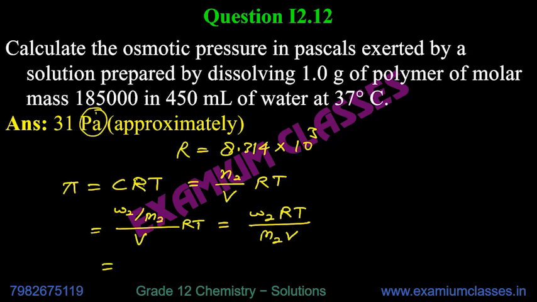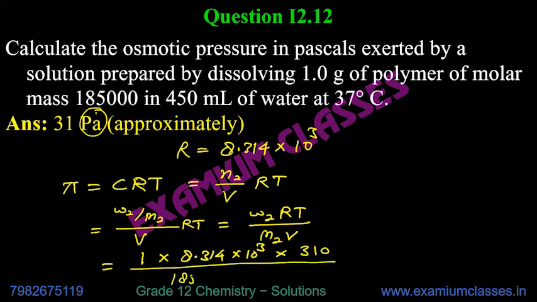So W2 here is given solute 1 into R 8.314 into 10 to the power 3 into temperature 273 plus 37, 310, divided by M2 1,85,000 into volume in liter. It is in milliliter. In liters, it will be 0.450. When you solve it, you will get around 30.9 something, which is approximately 31 Pascal.